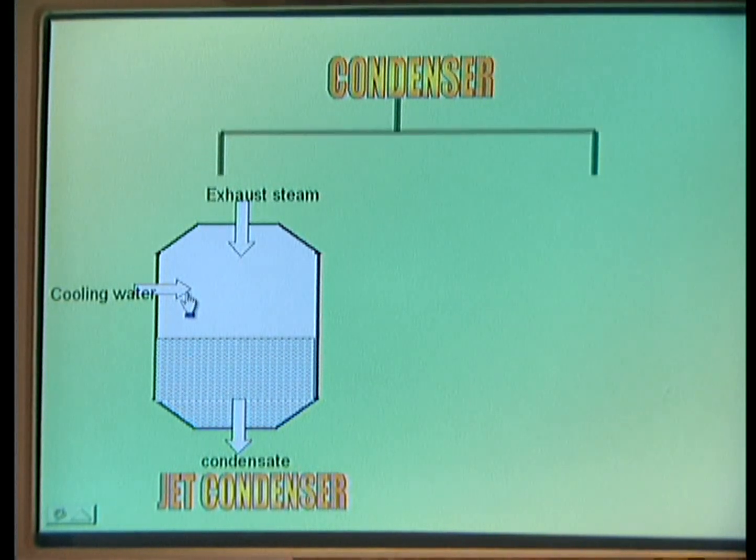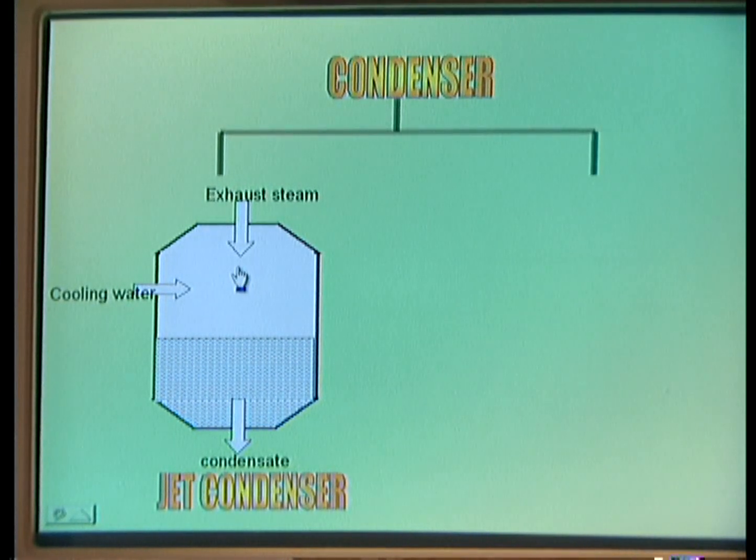Here the water takes the latent heat from the steam and rapid condensation takes place, and the condensation is this water. This water may not be used as refeed water. This is the basic idea of a jet condenser.